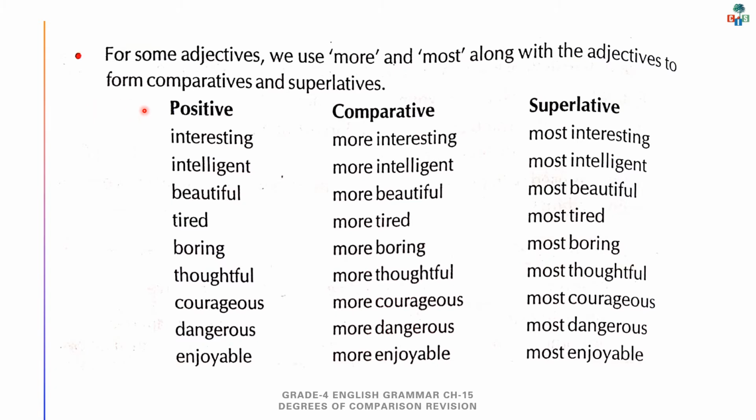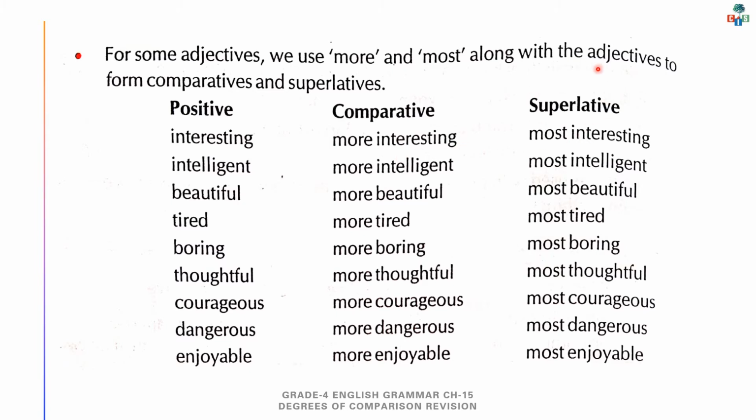Children, there are some adjectives that do not take an ER or an EST to form comparative and superlative degrees. It means when the positive degree is a long word, of two or more syllables, we use more and most along with the adjectives to form comparatives and superlatives. For example, interesting. To form the comparative degree, we will use more: more interesting.